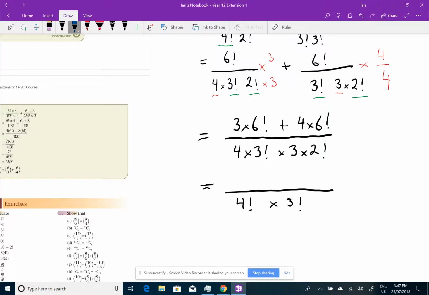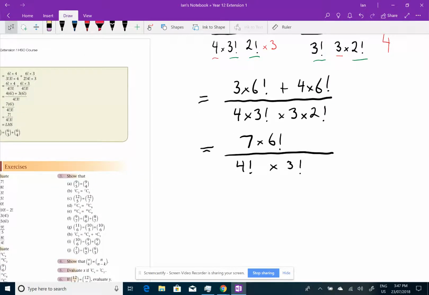Just look at that and make sure you understand that that's what those two are. 4 factorial and 3 factorial. Okay. Now let's look at the top. I've got 3 of 6 factorial plus 4 of 6 factorial. Well, that gives me 7 lots of 6 factorial. I've got 4 of something and 3 of something, and I add them together. That gives me 7 of something.